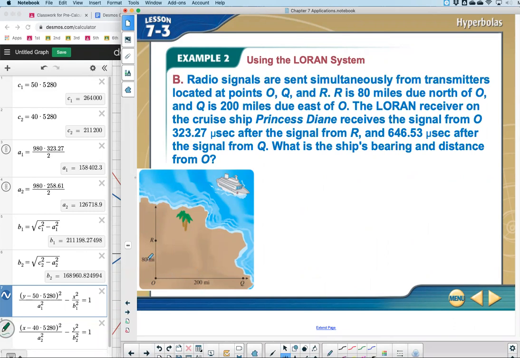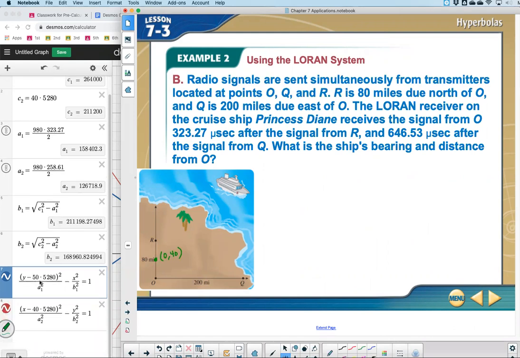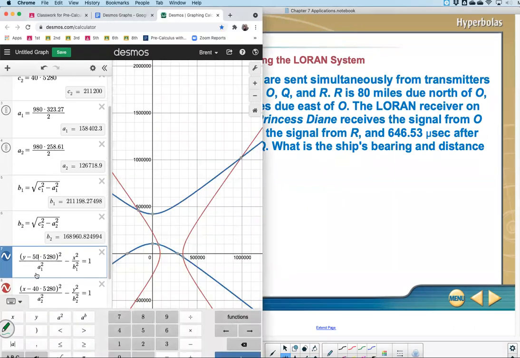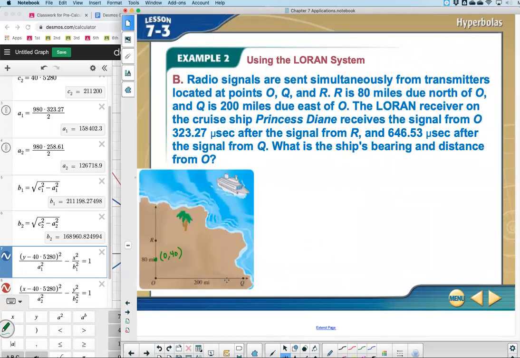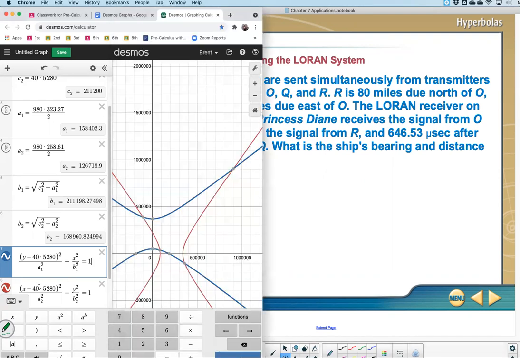So this time around, my vertical would be 0,40 miles. My vertical parabola last time was the y, so I could change this to a 40 here. Whereas the horizontal hyperbola, the center would be located at 100, 0. So I could put this in as 100.